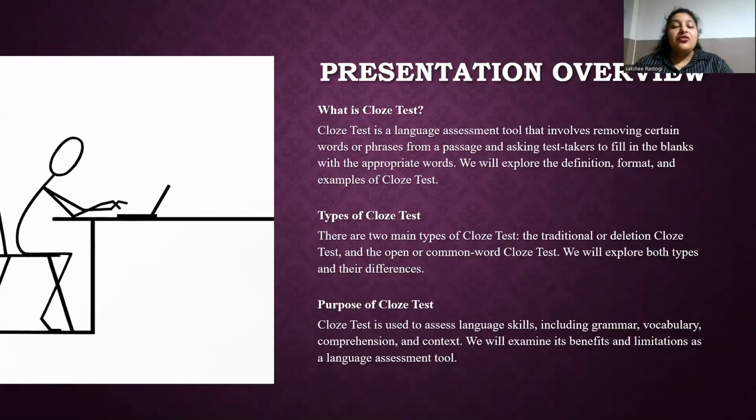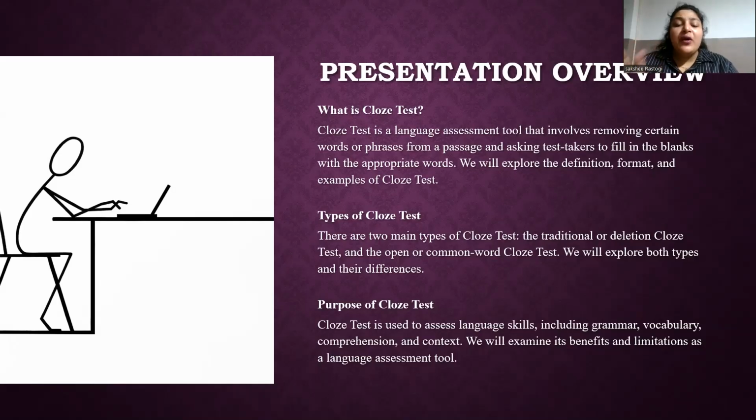So these variations of cloze tests allow for different assessment focuses and difficulties, catering to various language learning and teaching contexts. So what is the purpose of a cloze test? The purpose of a cloze test is to assess reading comprehension, which means you evaluate a person's ability to understand the meaning of a text.